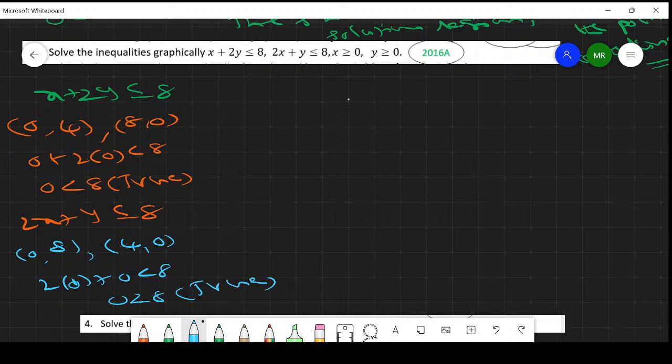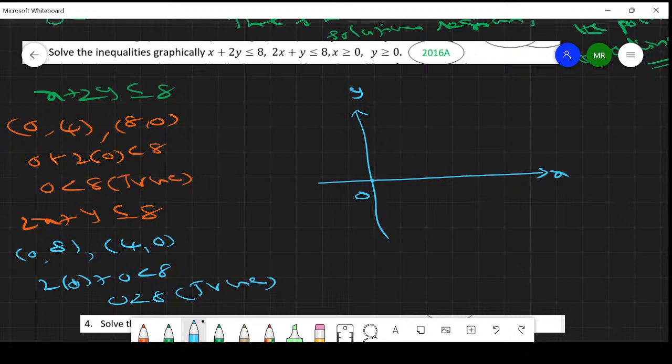x greater than or equal to 0 and y greater than or equal to 0 mean the positive x axis and positive y axis. Now you can draw the graph. This is y, origin.